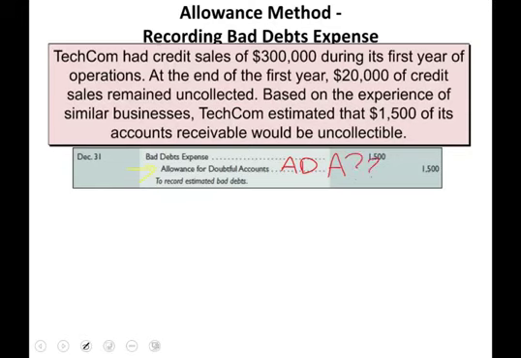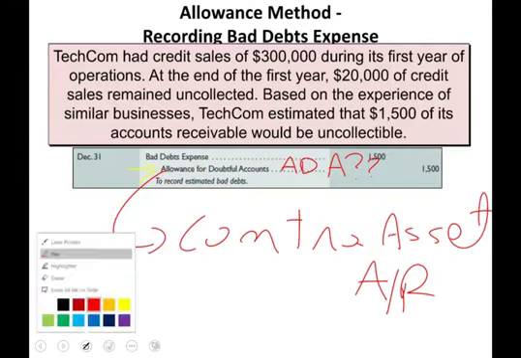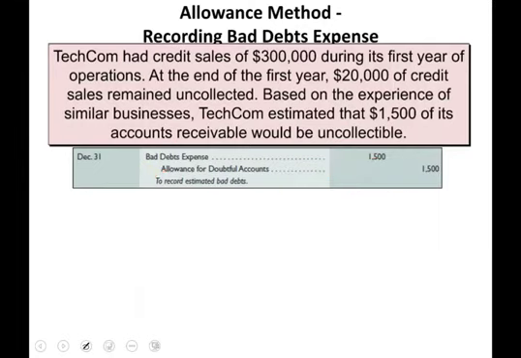Allowance for doubtful accounts is a contra asset. Specifically, it reduces account receivable, just like accumulated depreciation reduces fixed assets. This is a contra asset to receivable. So this is the entry to estimate and record bad debt expense.